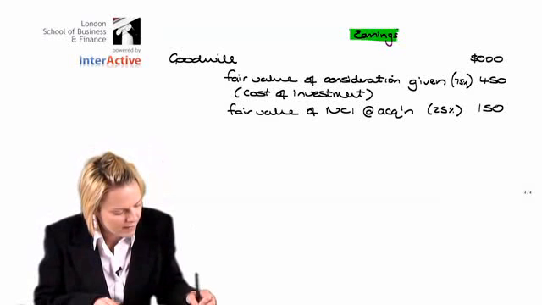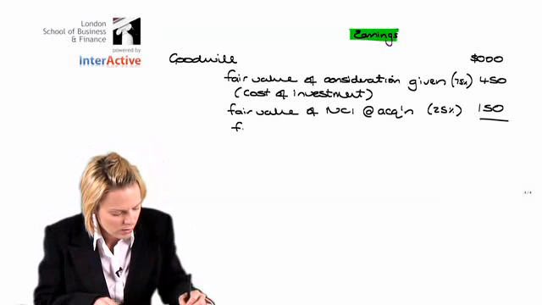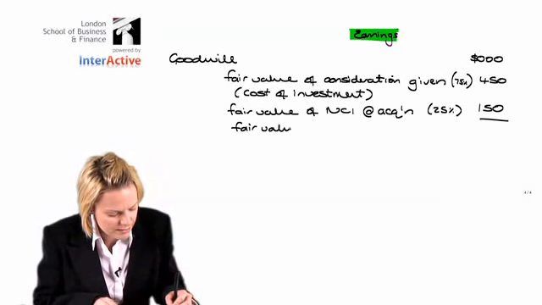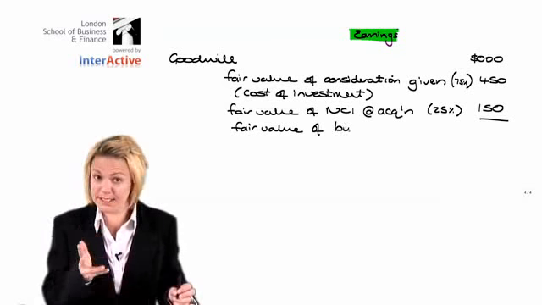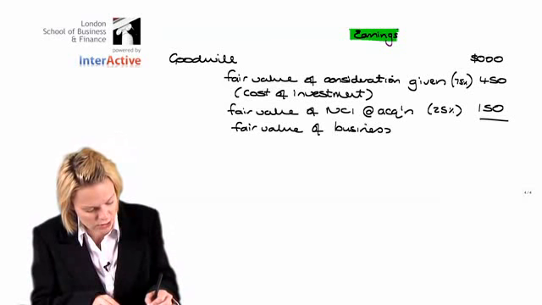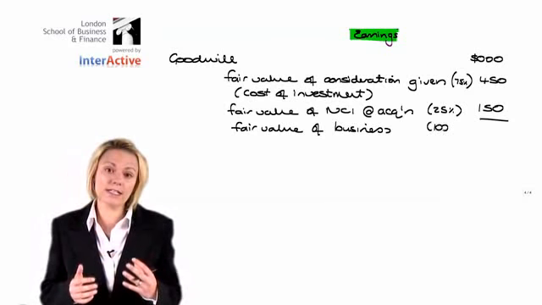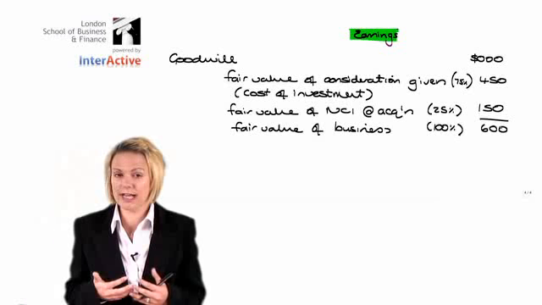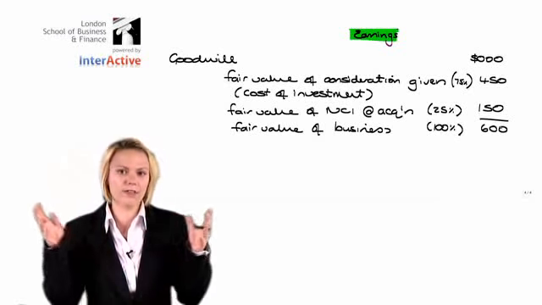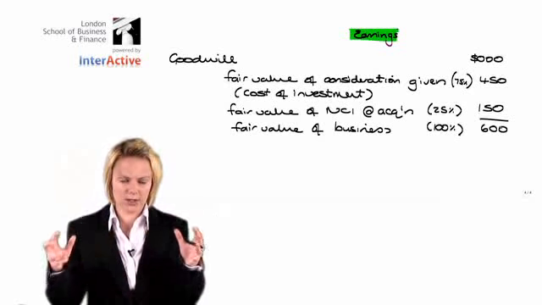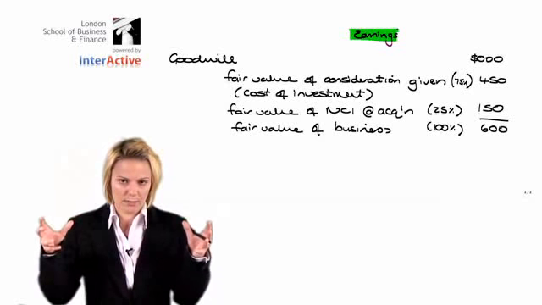Which means then the fair value of the business, the subsidiary at acquisition, so 100% of the business is $600,000. That's the value of the entire shareholding of the subsidiary at the date we acquire them.